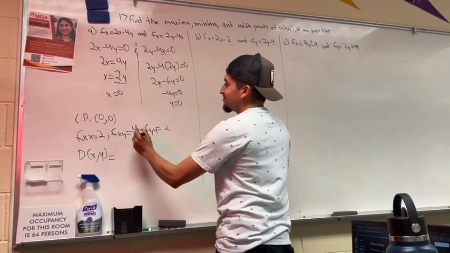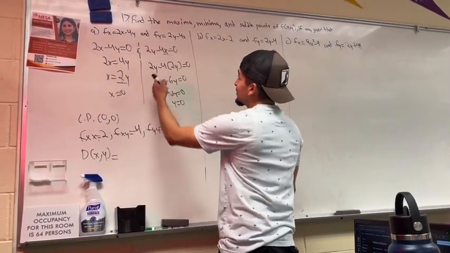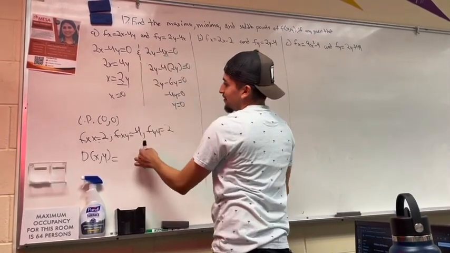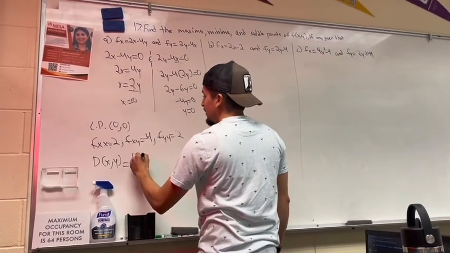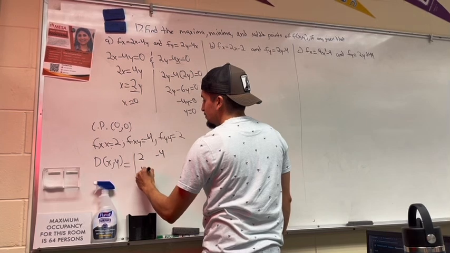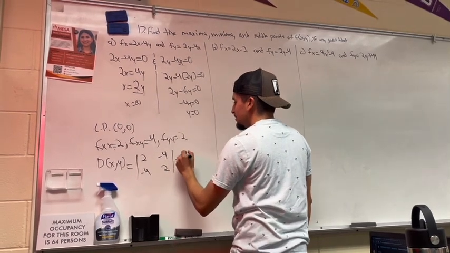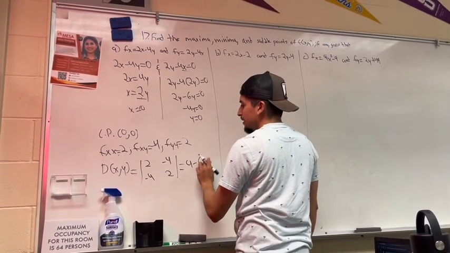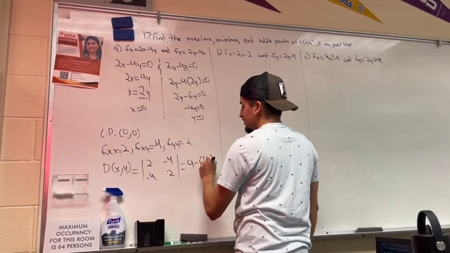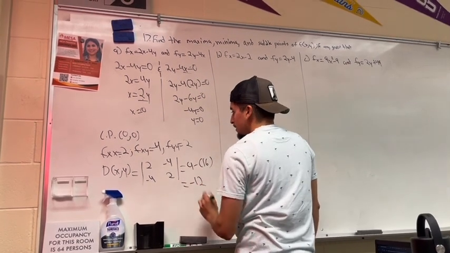So I saw where I messed up. My f of xy is just negative 4. But it could be y of x, which you'll get the same thing. Either way, you'll have 2, negative 4, negative 4, 2, which is 4 minus 16, which is negative 12.